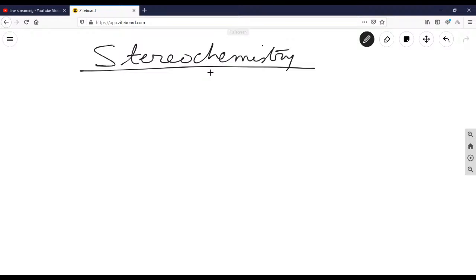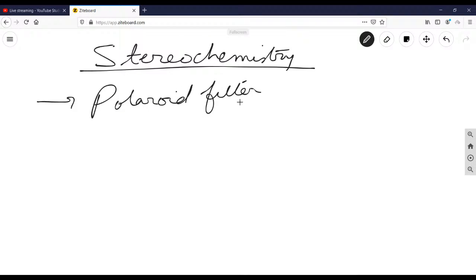So what happens is, the most common method of polarization involves the use of a specific filter known as a Polaroid filter. You can purchase it anywhere.